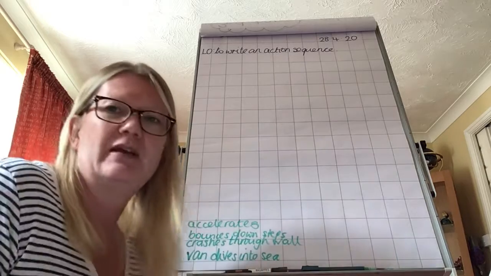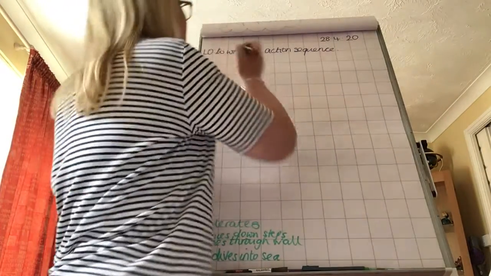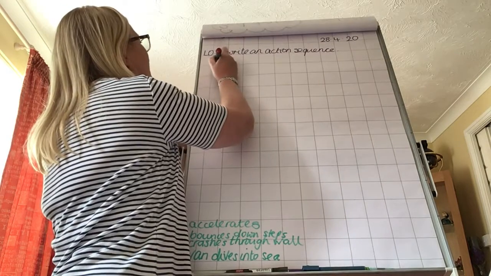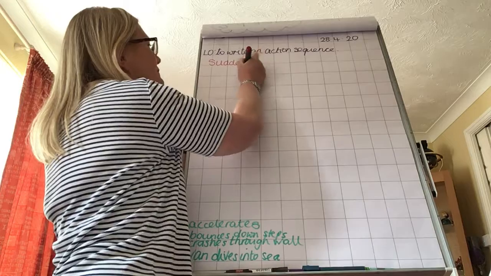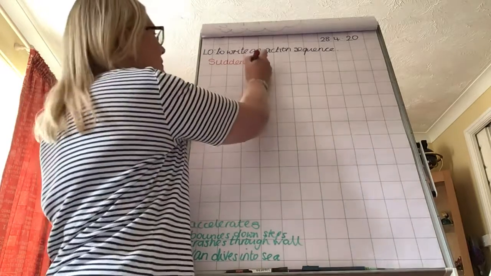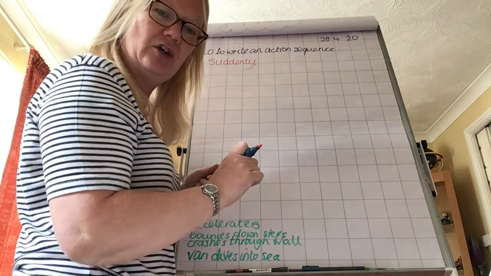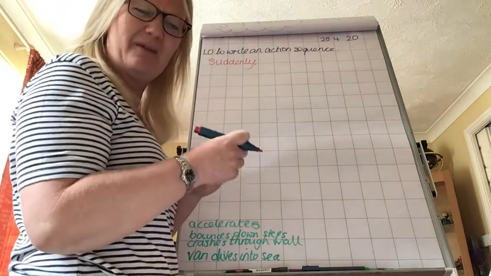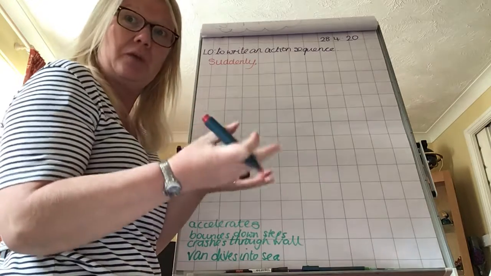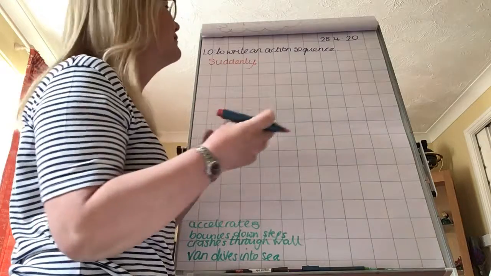Now, because I'm looking for pace, I'm going to start off with a really good adverbial. Suddenly. And because it's a fronted adverbial, I'm always going to use my comma. Right, the car or the van accelerates. Well, it's true, it's what's happening, but actually I think I can make that a bit better.